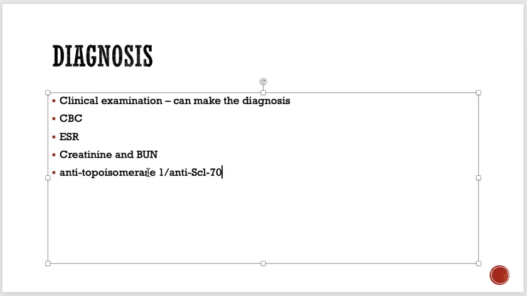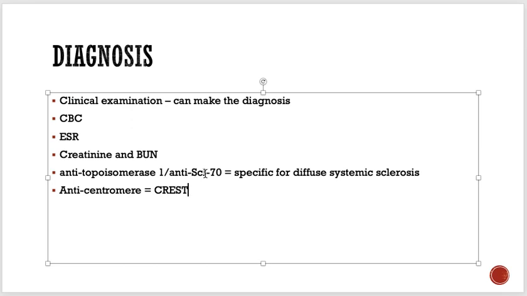So this antibody is basically specific for diffuse systemic sclerosis. Okay, and anti-centromere is basically present in CREST syndrome, or you can say limited systemic sclerosis.